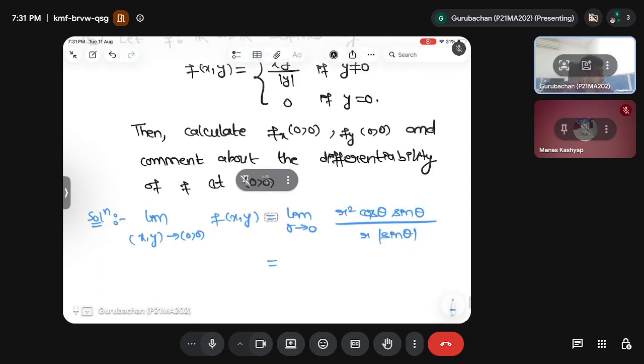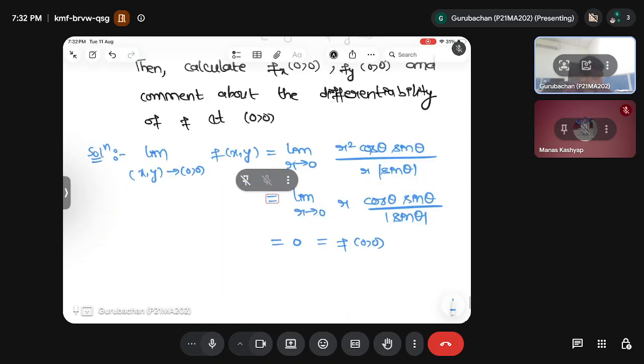So the mod will work on only the theta type of terms, so it will cancel out and you will be left with the limit as r tends to 0 of r cos theta sin theta divided by mod of sin theta. So this will be 0, that is nothing but f of (0, 0).